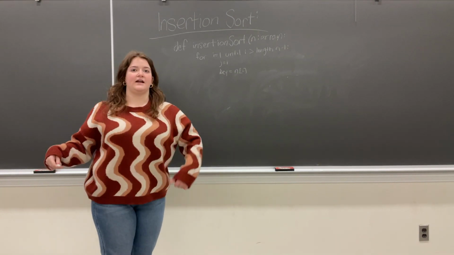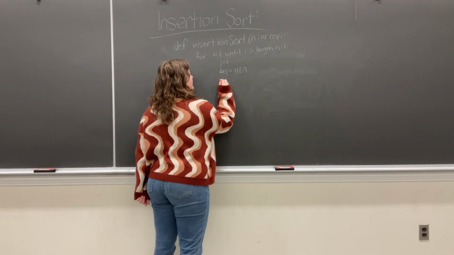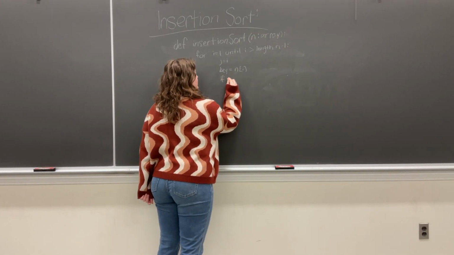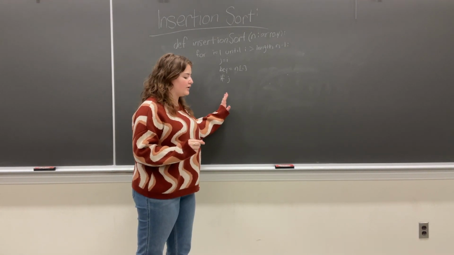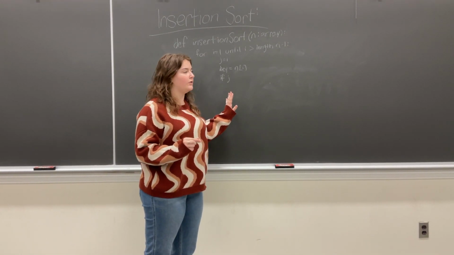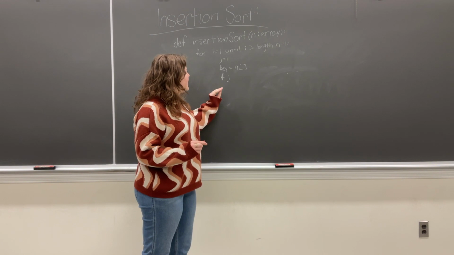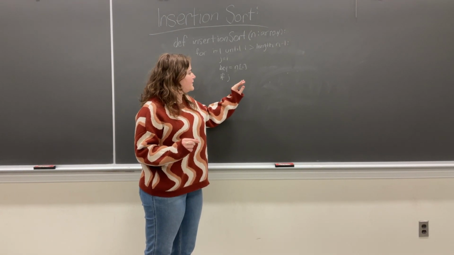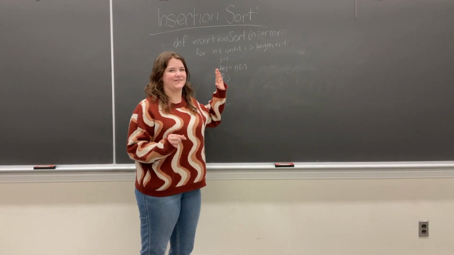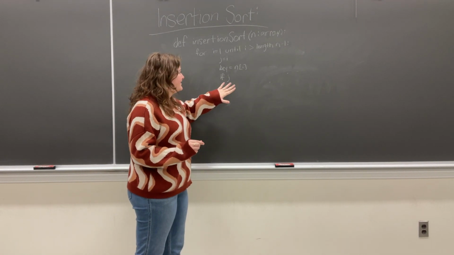So now we're going to have an if statement. As a reminder, j is the variable of the location of the value to the right of the value of the key.